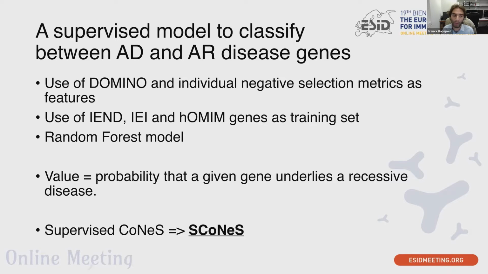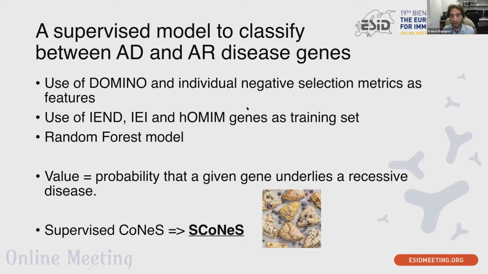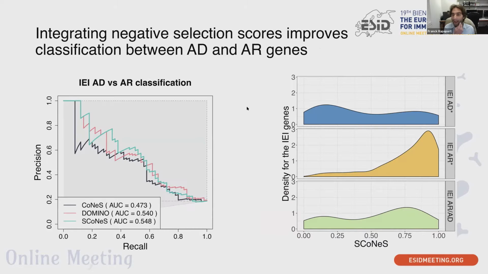We trained a random forest model, and we constructed this new score that we call SCONS, for supervised CONS, as the probability, according to this classifier, that a given gene underlies a recessive disease rather than a dominant disease. The first thing is that this score performs slightly better at this task than Domino by itself.